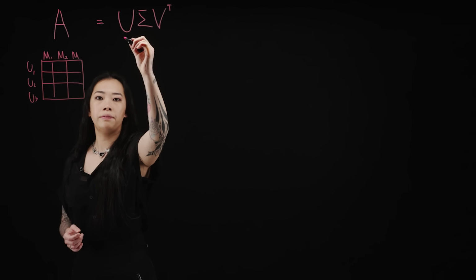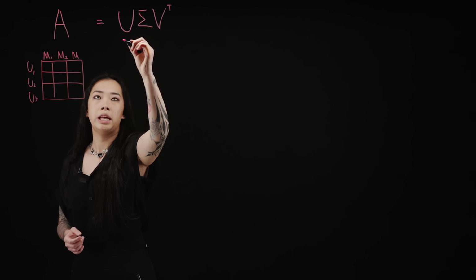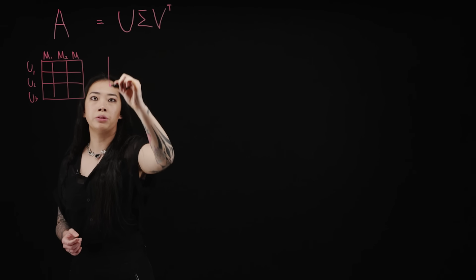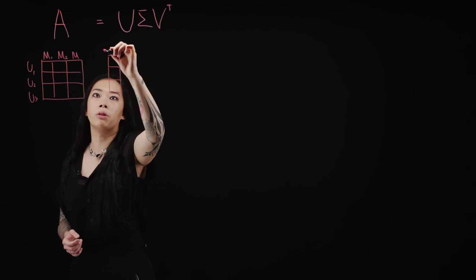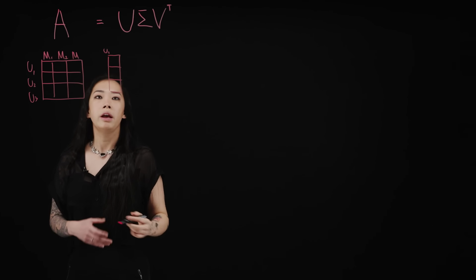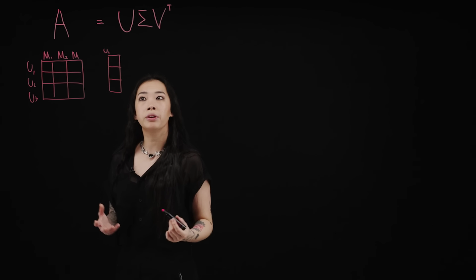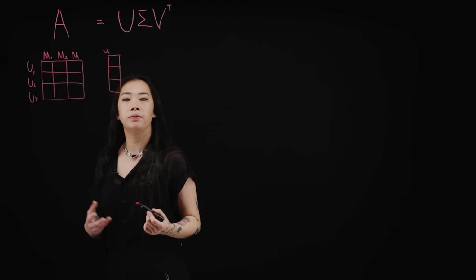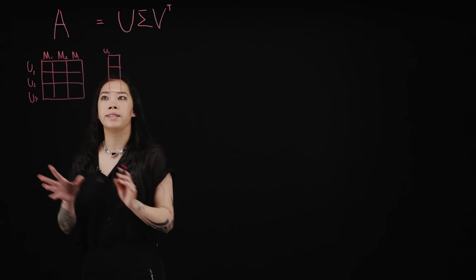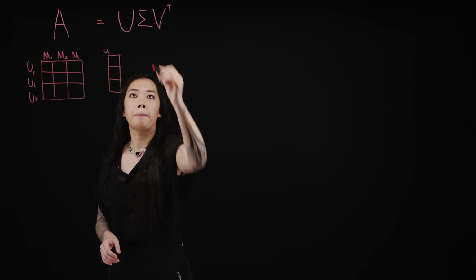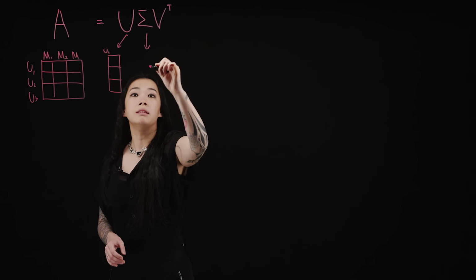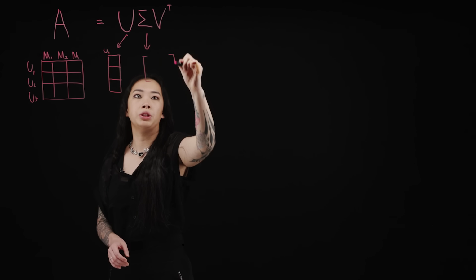U is the left singular matrix. It is an orthogonal matrix that represents features in the row space or the user space. It captures the behavior of the user, it captures the features of the user, it gives us that representation from the original large matrix.